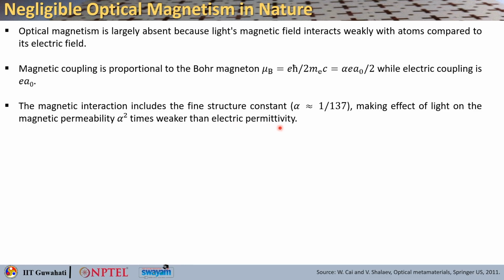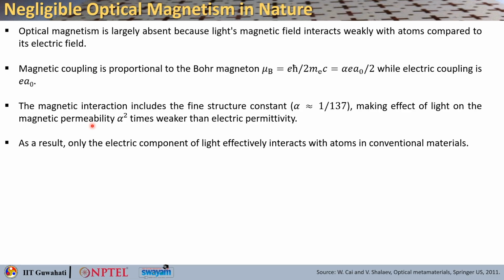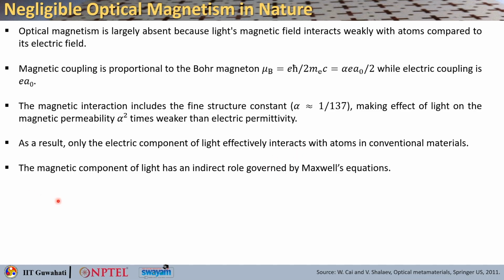So, you can now understand why the magnetic effect of light is very weak, whereas the interaction in terms of the electric field is much stronger. As a result, only the electric component of the light can effectively interact with the atoms in conventional materials.